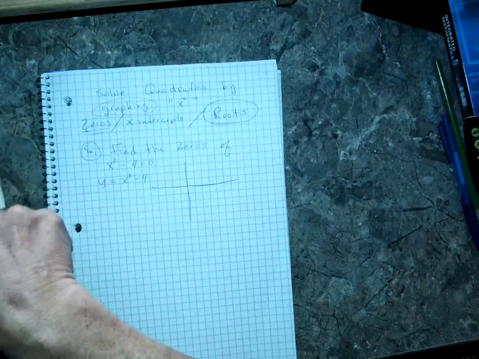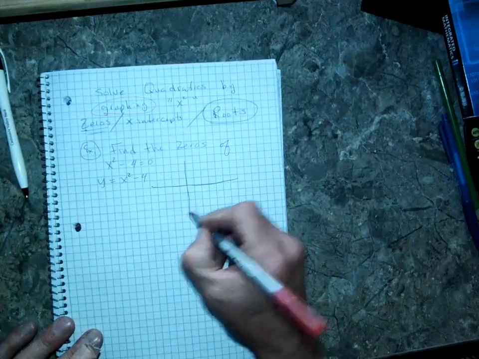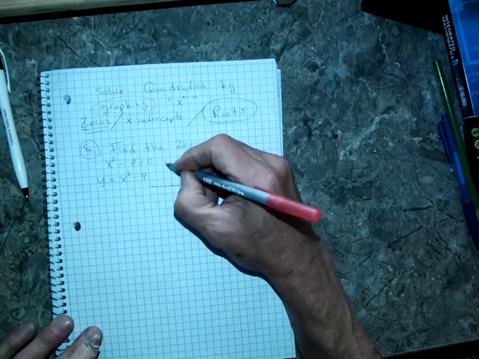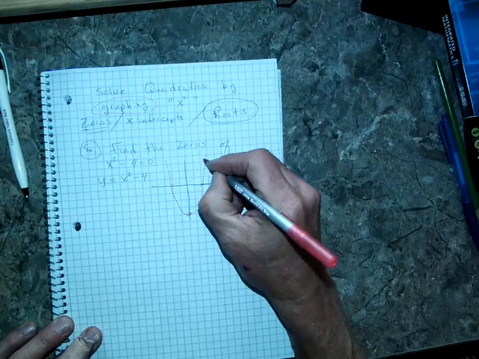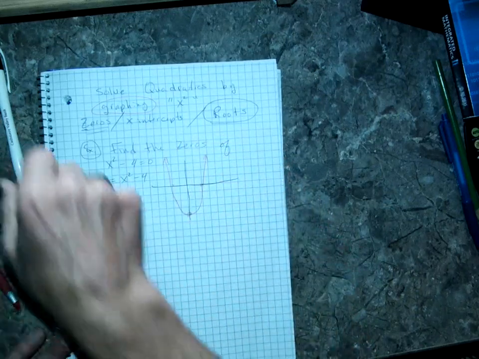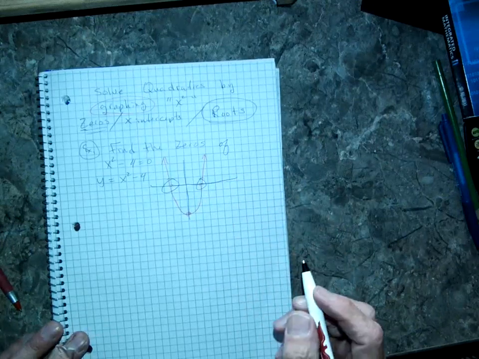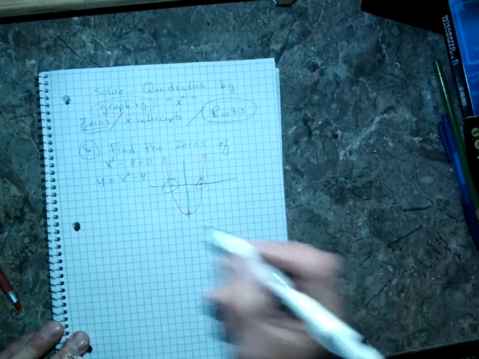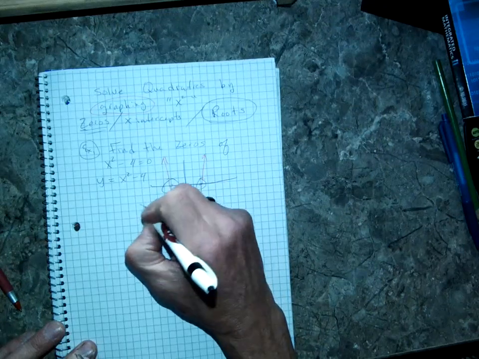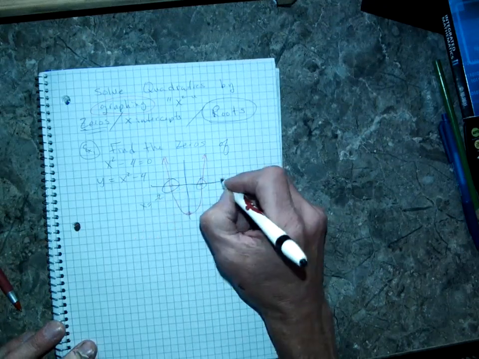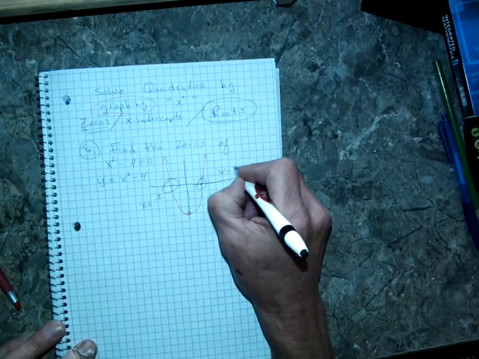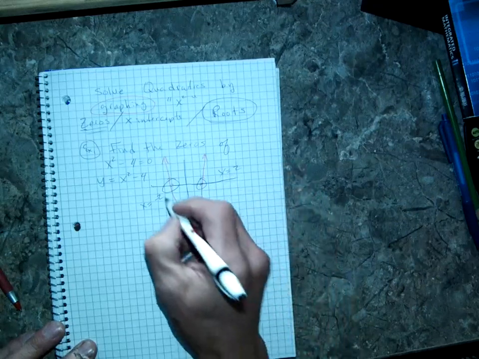And it looks like down at negative 4, 2, and 2. Okay? And we already know how to do this. We've done this before. So my answers are here and here. Those are my zeros. That's where they cross, x-intercept. So my answers are at x equals negative 2 and x equals positive 2. And those are my answers. Boom, boom.